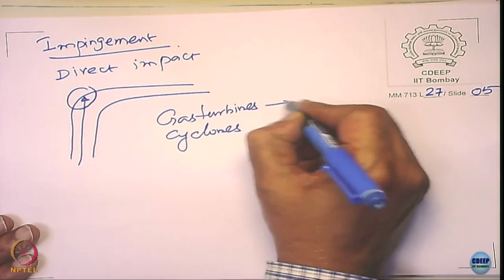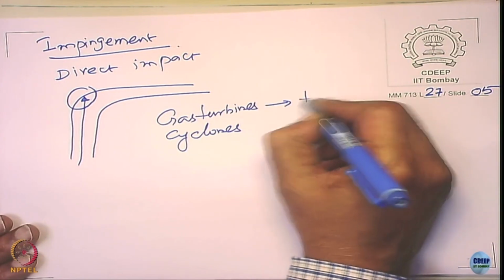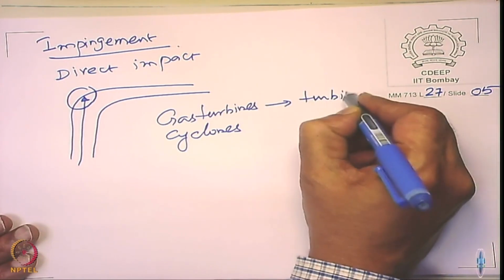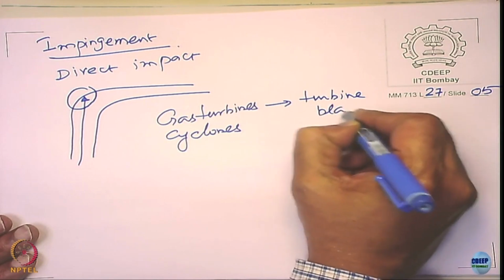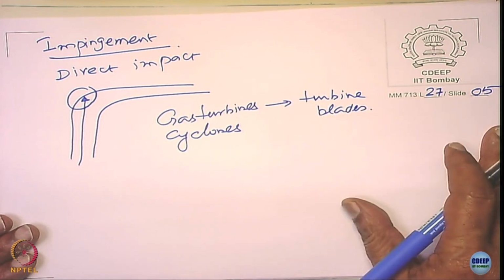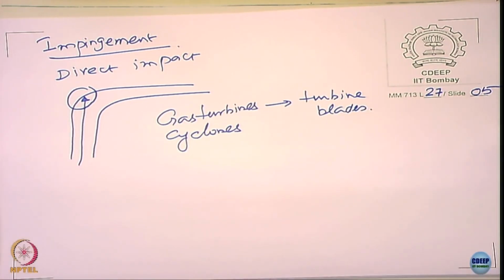It can happen in the turbine blades, right. It can happen in aircraft, on the external part, which moves at a very high velocity.